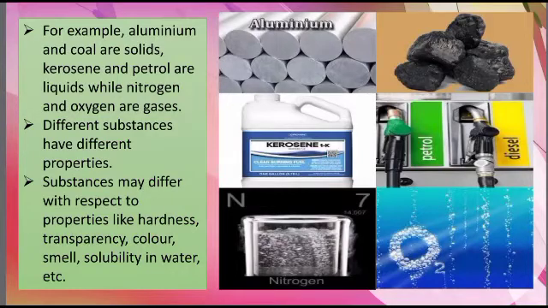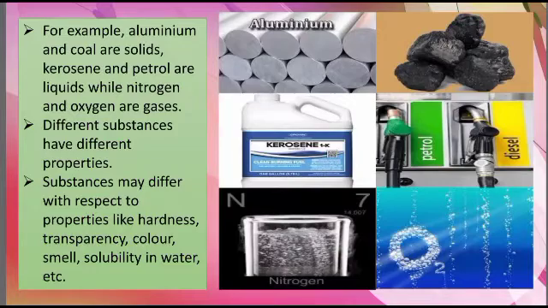Now, different substances have different properties, depending on hardness, transparency, shape, size, and variation in colors as well. Substances may differ with respect to properties such as hardness. Transparency means how transparent it is; you can take the example of window panes, glass, and mirror. Then color, even smell.